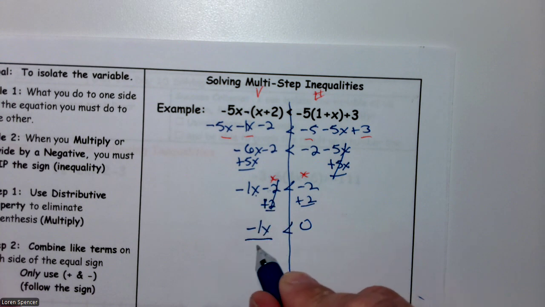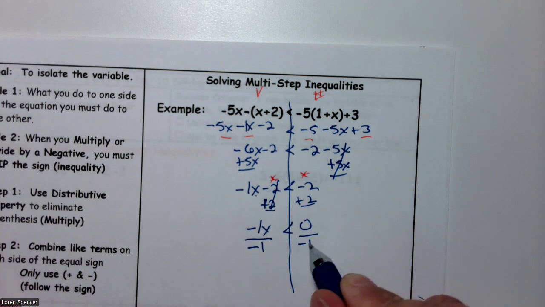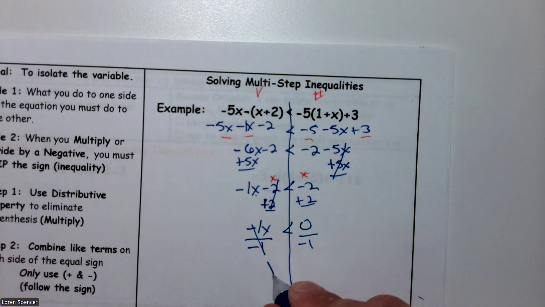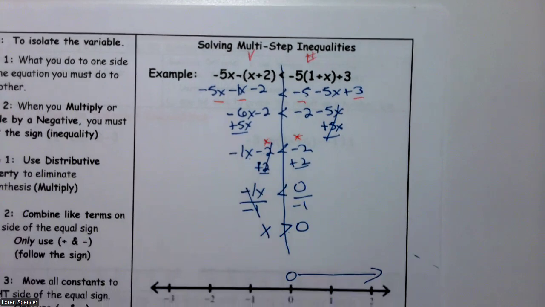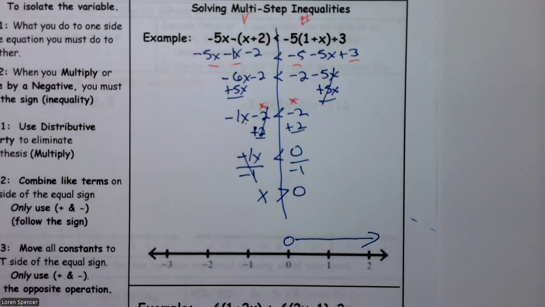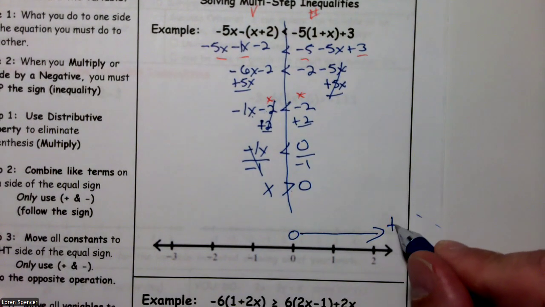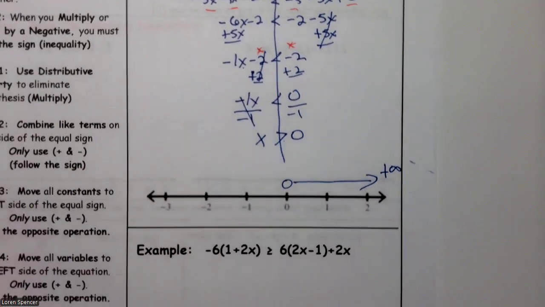So I'm going to have to divide by negative 1. Well, anytime you multiply or divide by negative, you have to switch the sign. So this becomes x is greater than 0. It's a greater than symbol, so this is a hollow pointing in that direction. Okay? Oh, and this goes to positive infinity.